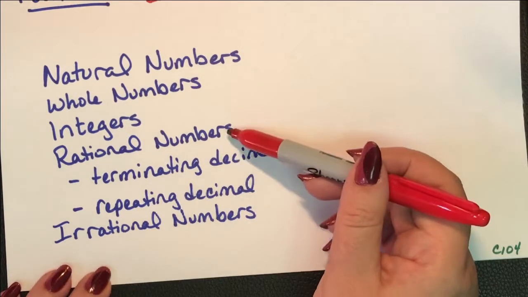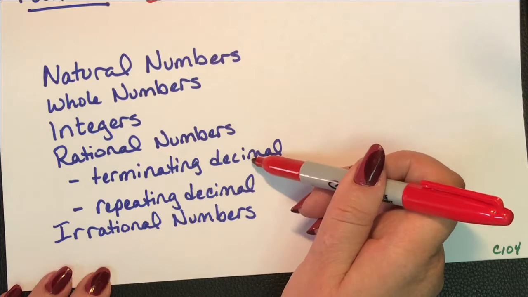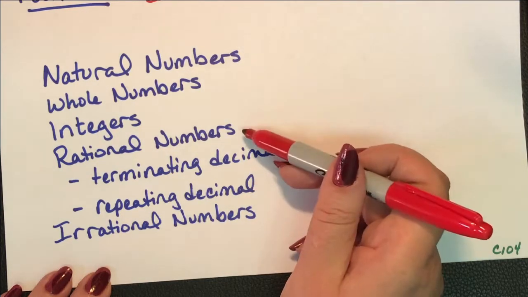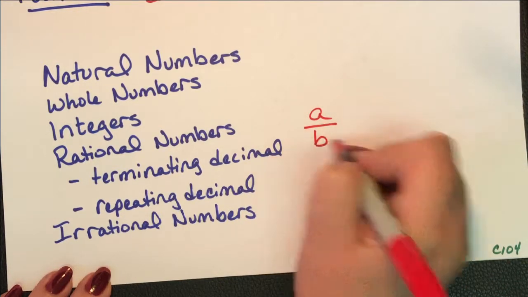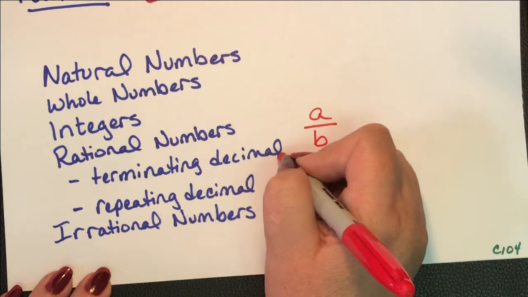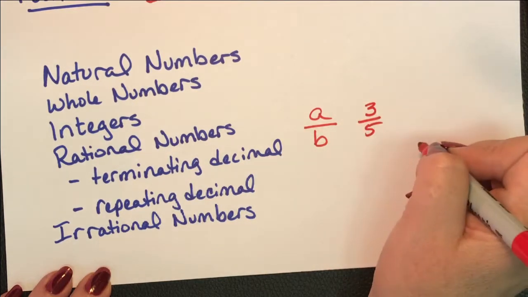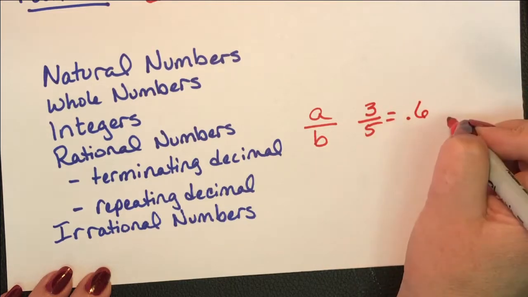And the question is what the difference is. Rational numbers include terminating decimals and repeating decimals. So these are numbers that can be defined as something over something else that ends, like 3/5, which equals 0.6.